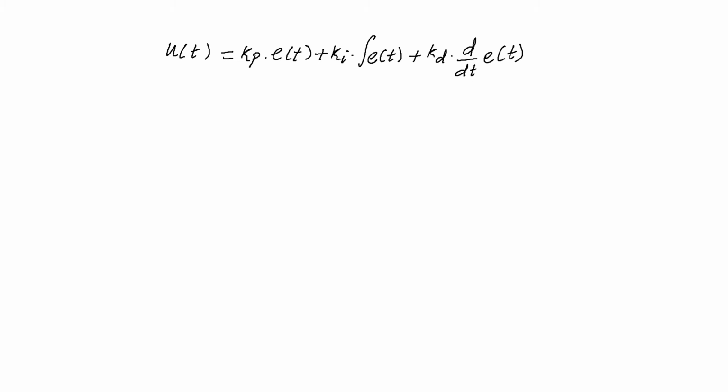Now in order to find the transfer function, we are supposed to convert the time domain into the frequency domain. So for that, we take the Laplace transform on both sides, right?